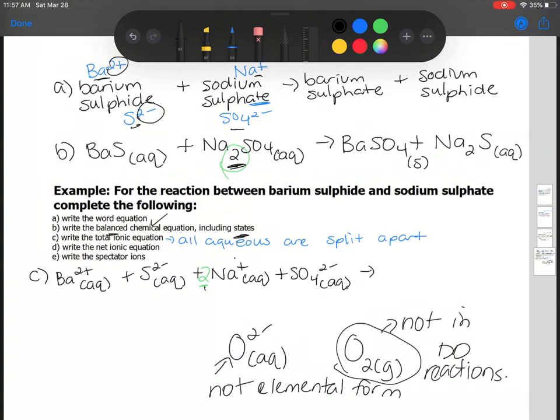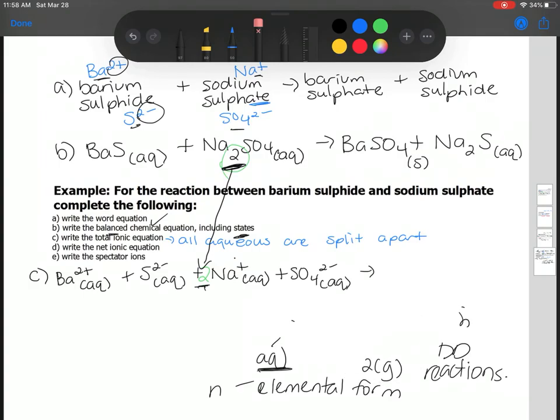That's not what we're talking about. Okay, so try not to screw yourself up there. So you're always dealing with aqueous, which means ions, okay? Not the elemental form of these elements. So if there is a number down here, it's going to become the coefficient up there, okay? So I'm just gonna erase this, sorry.